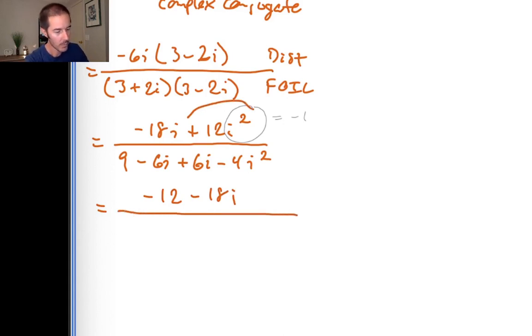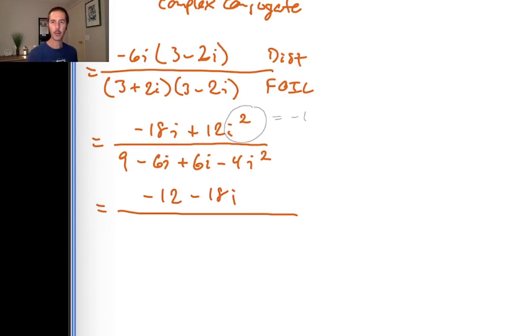Right, because what's positive 12 times -1? -12. And here's the -18i. And since they're connected by addition, or really subtraction, once that becomes a -12, you can take the order of those two things and swap them around because they're maintaining their signs. Okay, it's still a -12 and it's still a -18i.